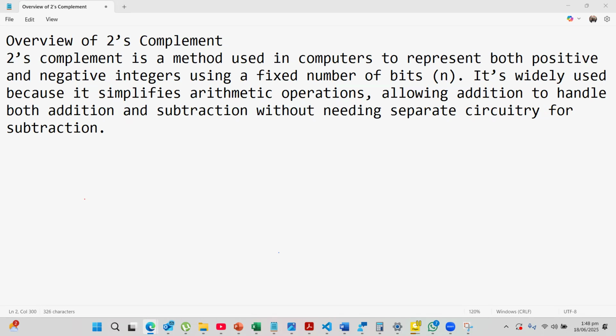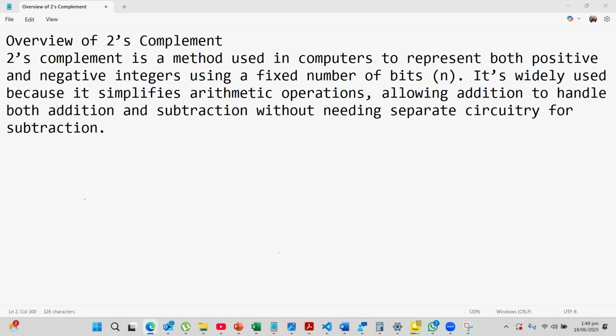So, how do we rationalize two's complement? First of all, we would need to do certain things.